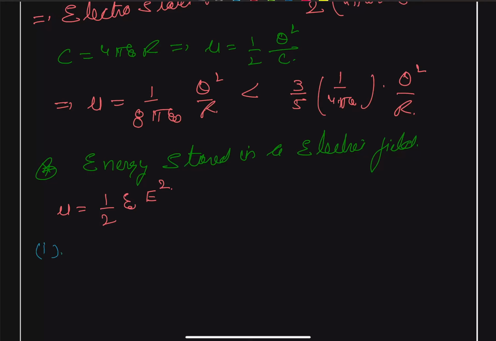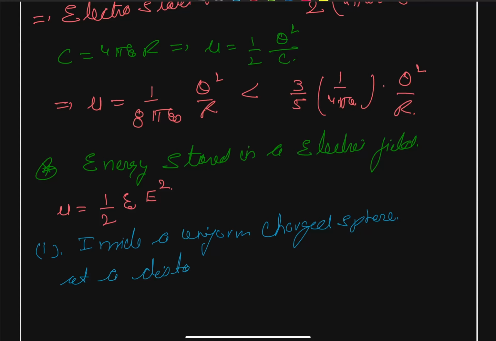First part will be inside a uniform charge sphere at a distance small r, which is less than capital R, where capital R is the radius of the sphere.